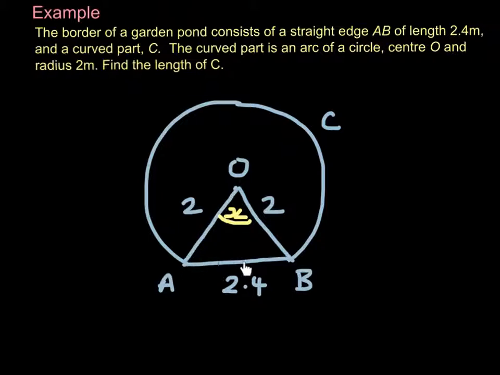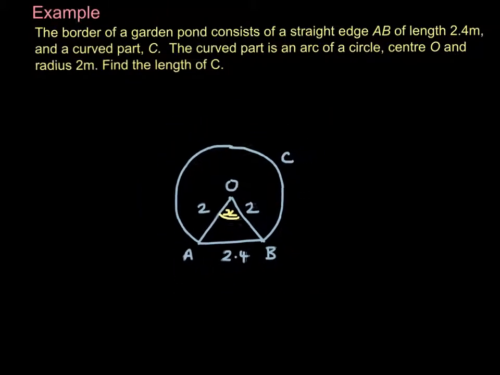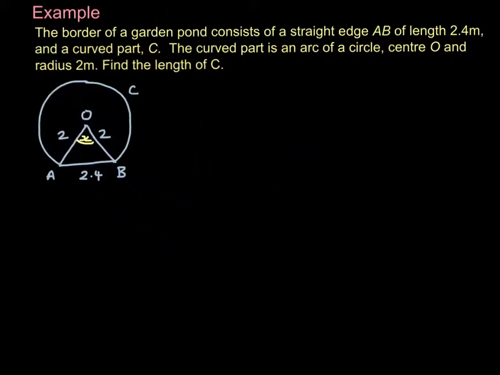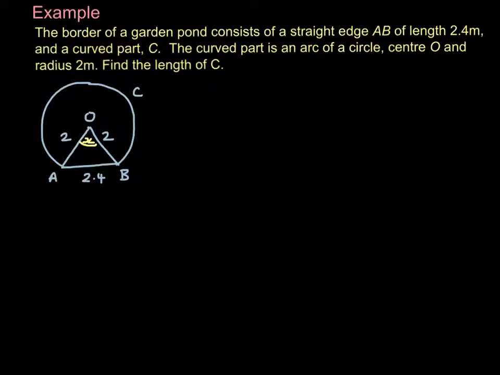So you want to weigh up at the moment which is going to be easier, cosine rule or SOHCAHTOA. Now, I'm going to be lazy, or what I like to think of as more efficient, and use SOHCAHTOA, because that's easier to use and less likely to make a mistake with.